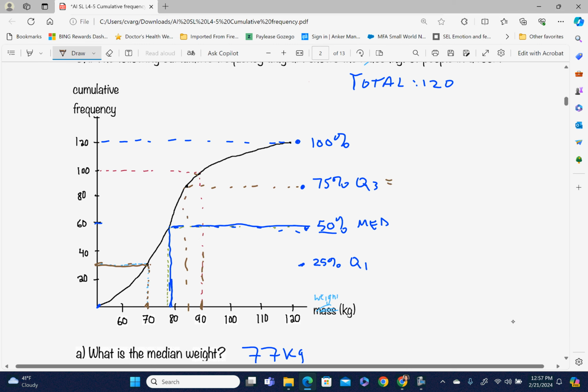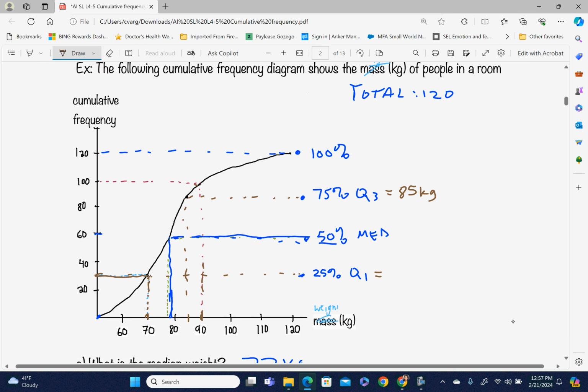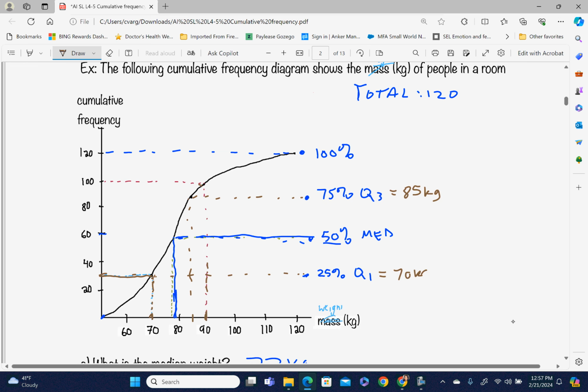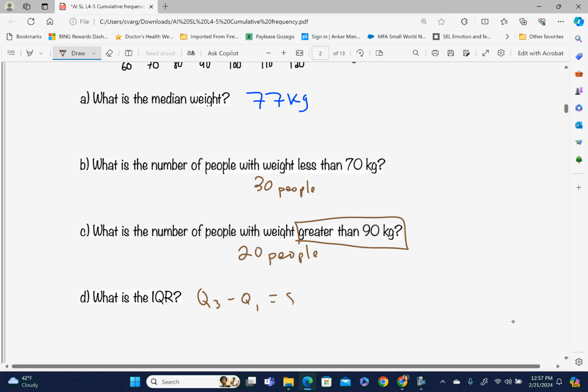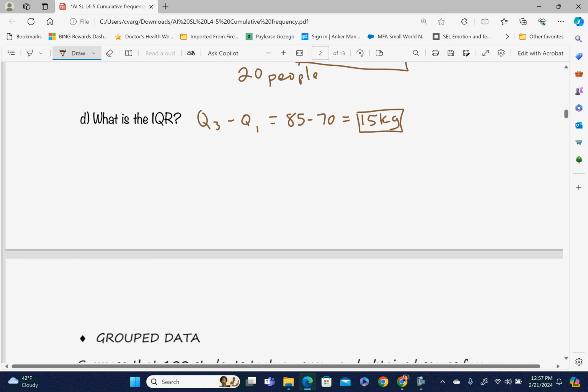So our Q3 is 85 kilograms, minus our Q1. If I go over here, go across, and go down, that is going to be 70 kilograms. So 85 minus 70 kilograms looks like about 15. So 15 kilograms is going to be our interquartile range, okay?